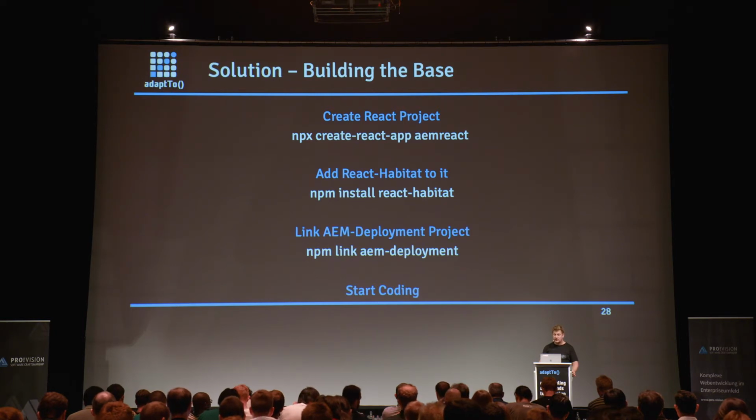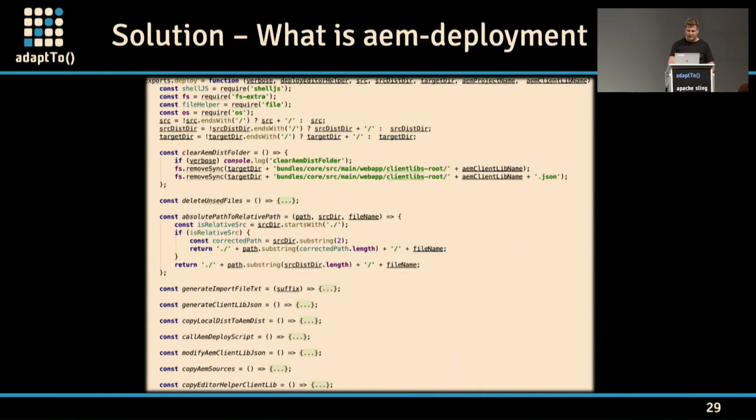Then you can start coding. And as I already explained, this aem deployment project is just a few scripts which are deleting clientlib folders and rebuilding them, adding the js.txt file in there, and whatever is necessary to get the aem project filled with the stuff we have in our React project.